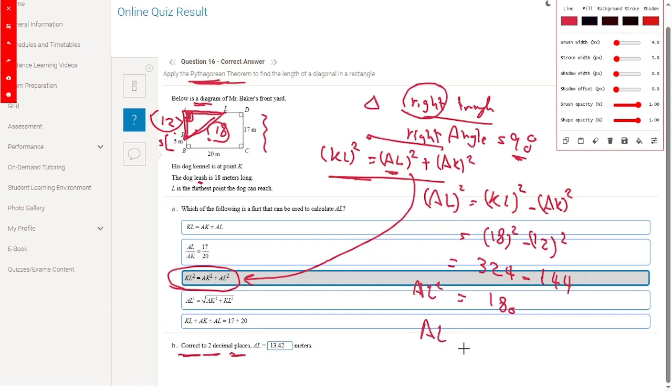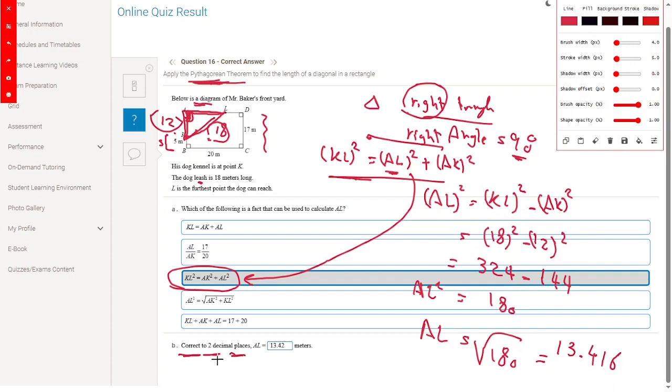Now AL will be equal to radical 180, which is equal to 13.416.